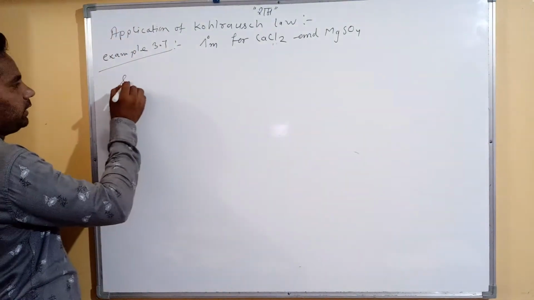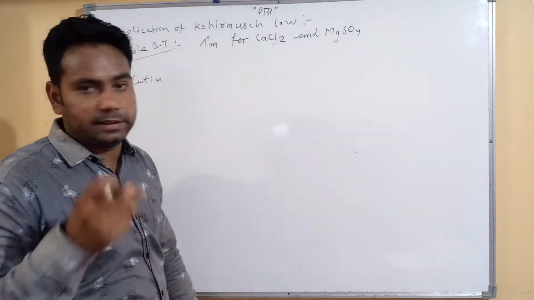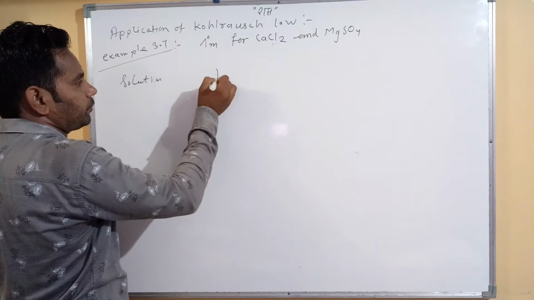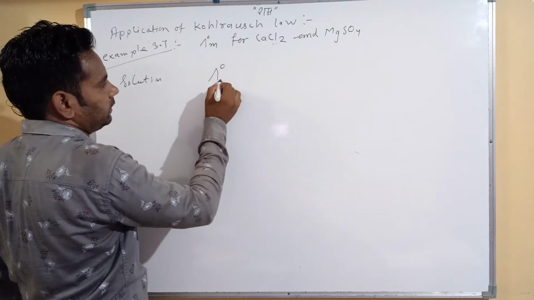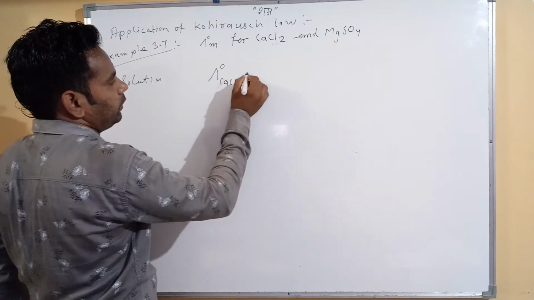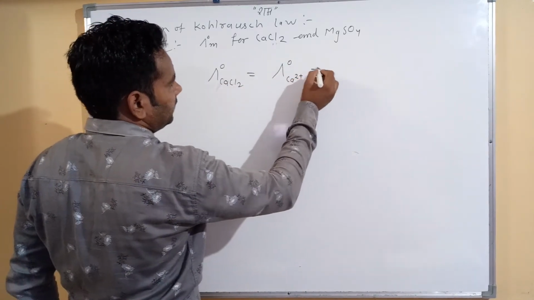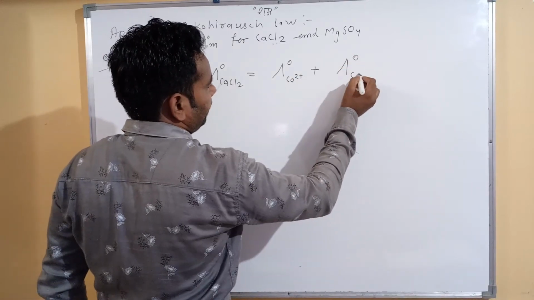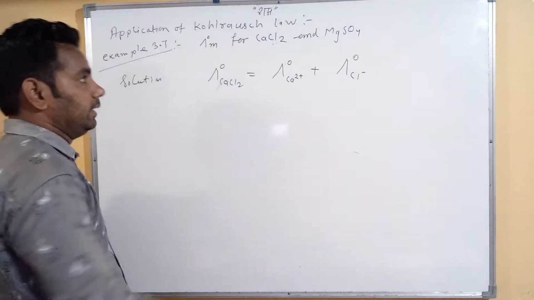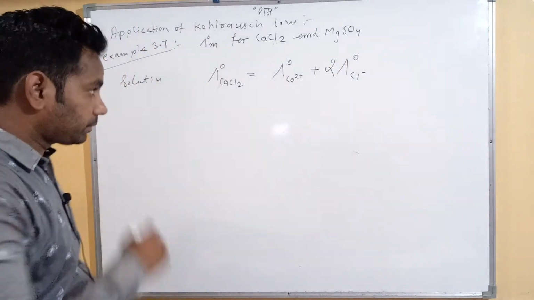So the solution is, first I write this electrolyte from Kohlrausch's law. Limiting molar conductivity of CaCl2 is equal to the limiting molar conductivity of Ca2 plus ions and the limiting molar conductivity of Cl minus ions.